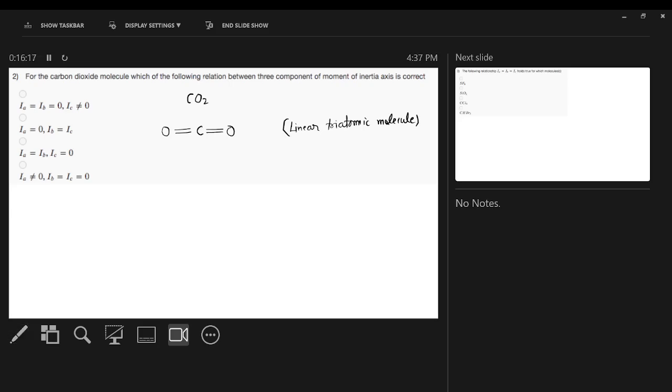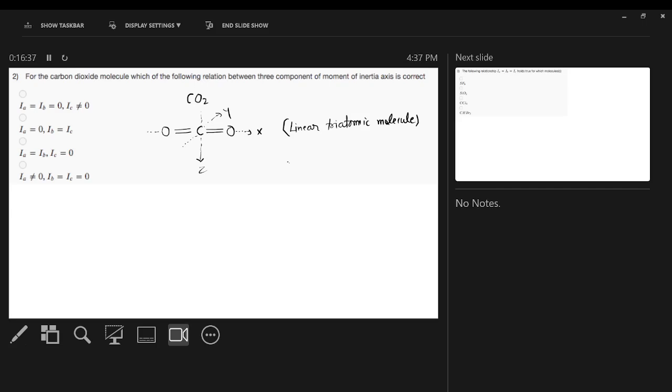This one I will call the x-axis, and this one I will call the z-axis, and the perpendicular to x and z I will call y.